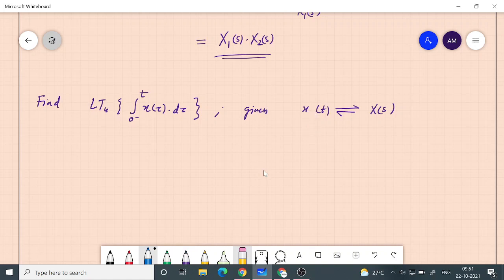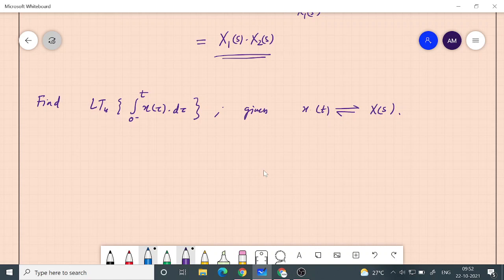X of t has a Laplace transform X of s. If that is the case, then find the Laplace transform of the integral of x of tau from 0 to t.